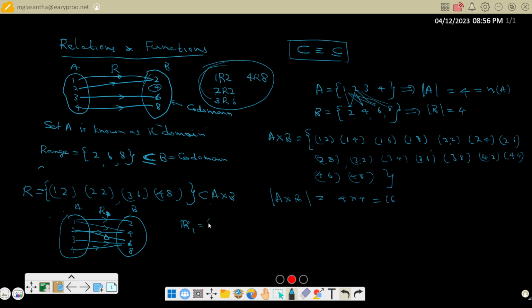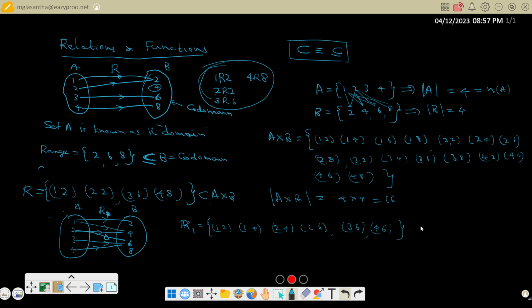You can read R1 as: 1, 2; 1, 4; 2, 4; 2, 6; 3, 6; 4, 6.